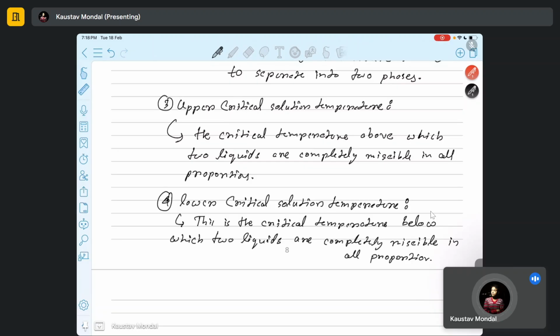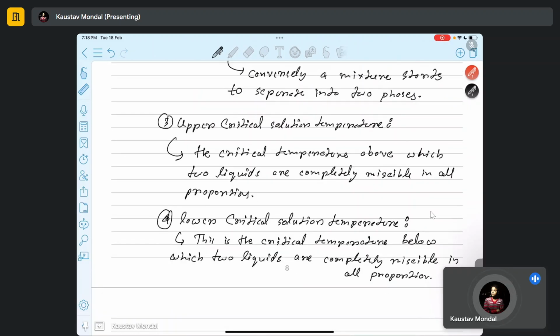This is kind of the opposite of the upper critical solution temperature. If you heat a mixture above this lower critical solution temperature, the mixture will phase separate. So it crosses the critical solution temperature, and the system phase separates. Now you have understood both the upper and lower critical solution temperatures.